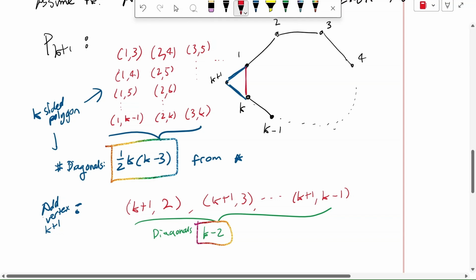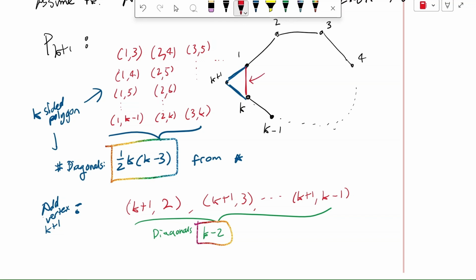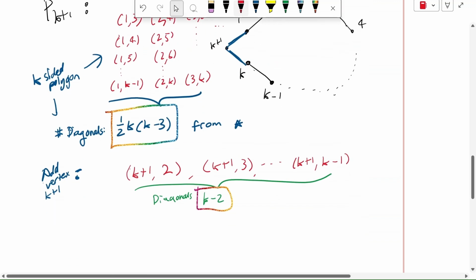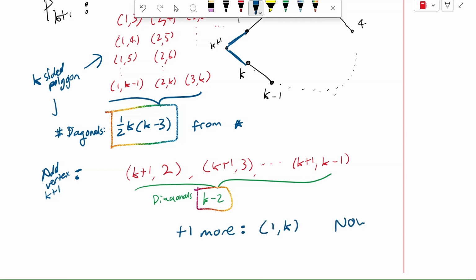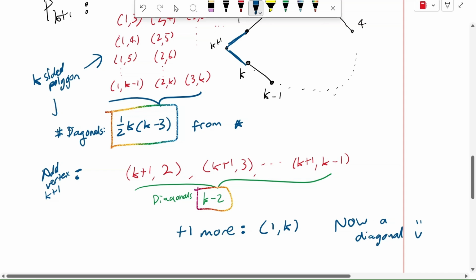That used to be an edge on our polygon, but this diagonal right here is now not an edge because we cut out that edge to make it. So we're just going to make a little note, plus one more. That'll be the one that joins 1 and k. This is now a diagonal. And we are very happy about this because that'll make our induction proof work.